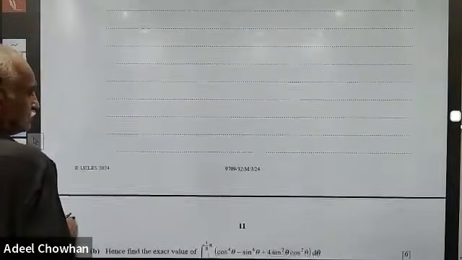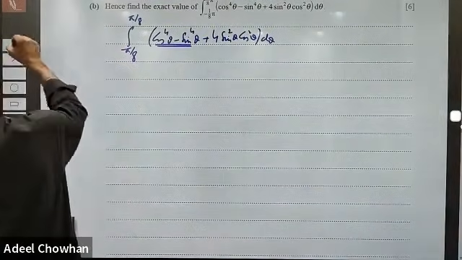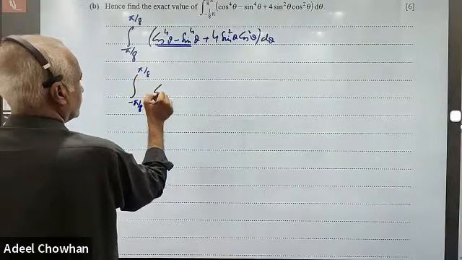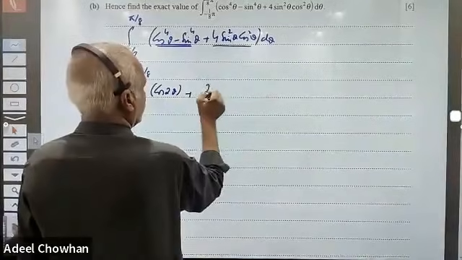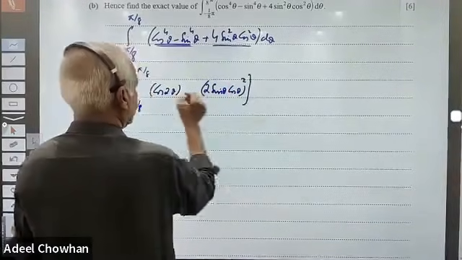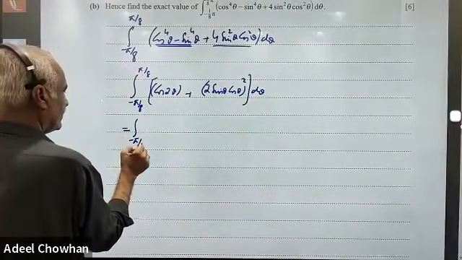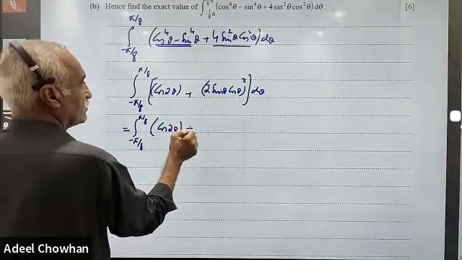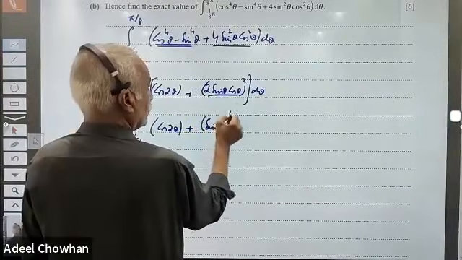So this will become minus pi by 8 to pi by 8 cos of 2 theta plus this 4 sine square theta cos square theta is written as 2 sine theta cos theta whole square into d theta, or that is minus pi by 8 to plus pi by 8 cos of 2 theta, but this thing is equal to sine of 2 theta whole square.